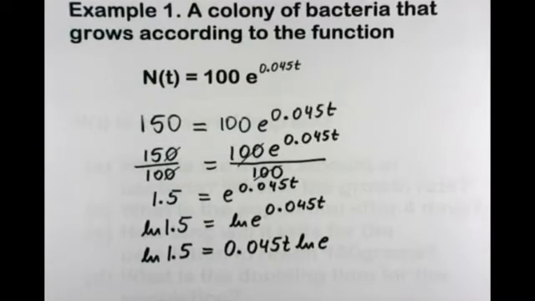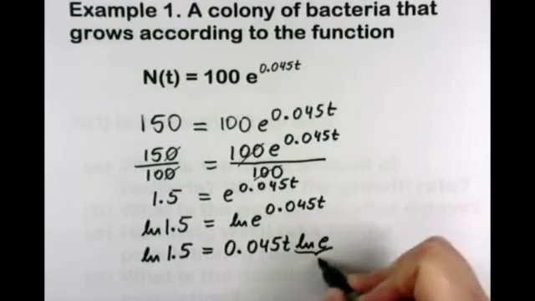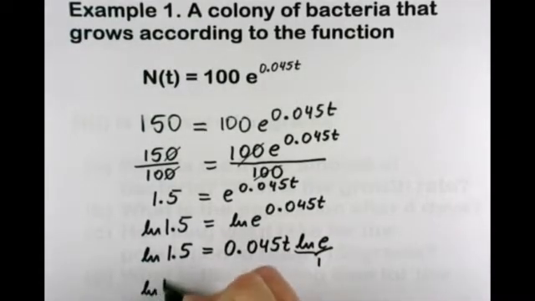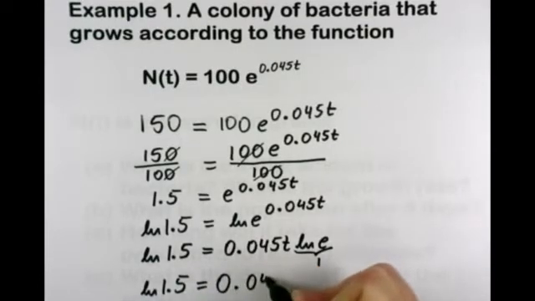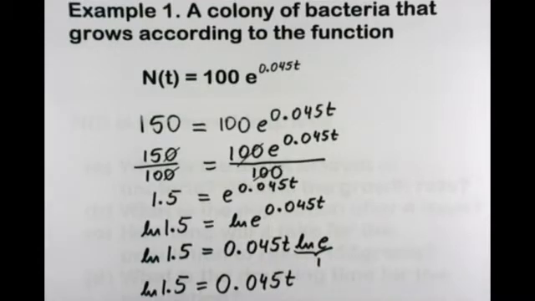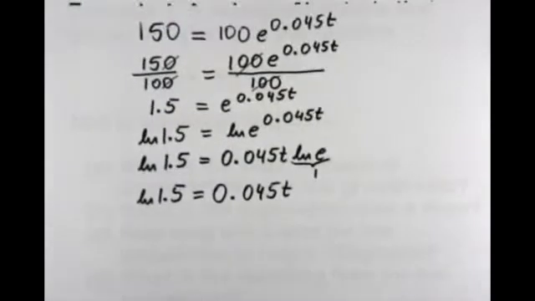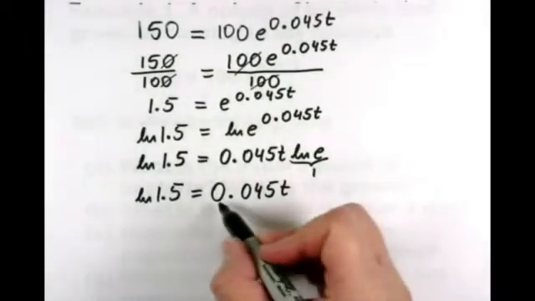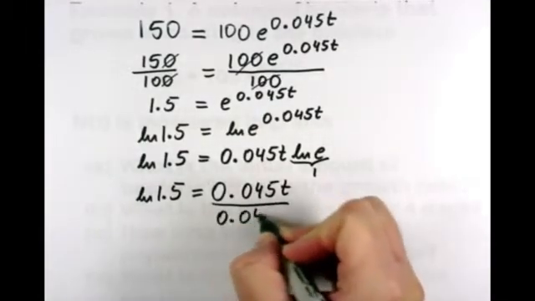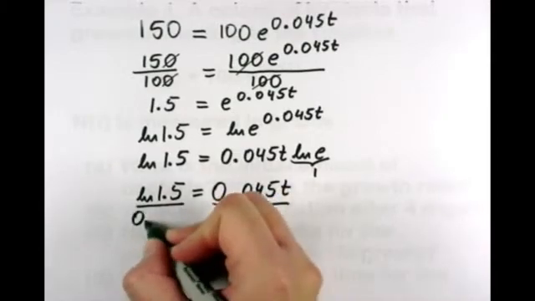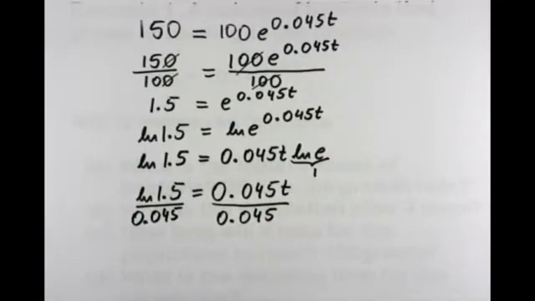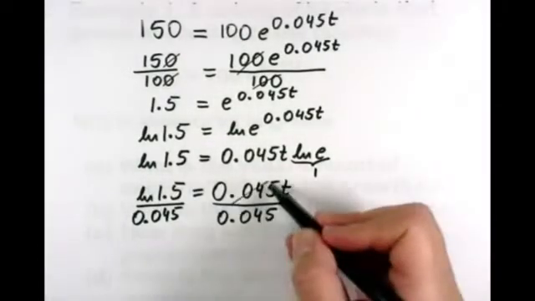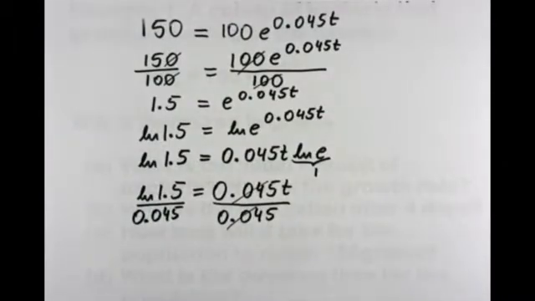And if you punch it on the calculator, or if you know the property that ln e is 1, we get ln 1.5 = 0.045t. Now to solve for t, I divide both sides by 0.045. This cancels out.